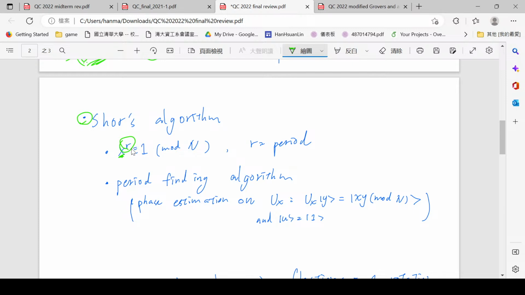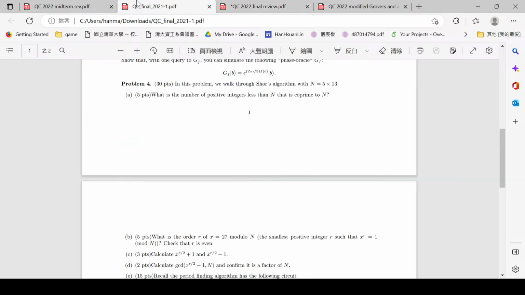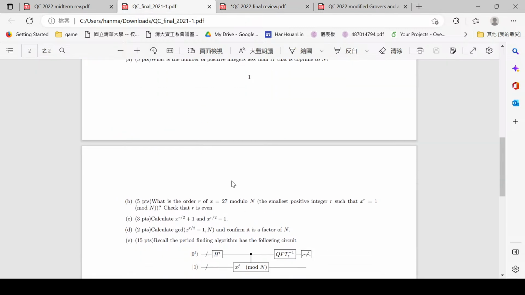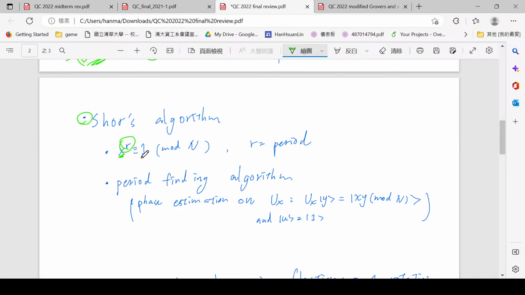Okay? This period r is the smallest number such that x^r is equal to 1 mod n. And there are things that you walk through that are classical computation after you find r.